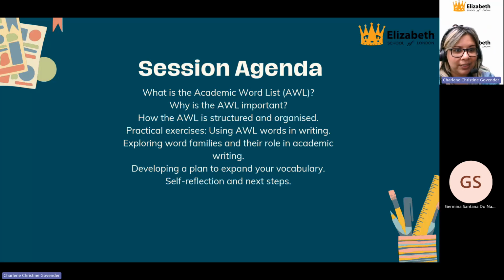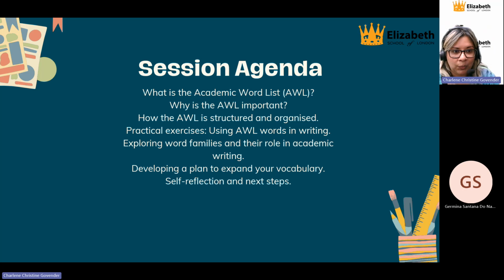All right, so let's have a look at the session's agenda today. We're going to be looking at what the academic word list is, why it is important, how it is structured and organized, then of course practical exercises. We're going to be using those academic words in writing.